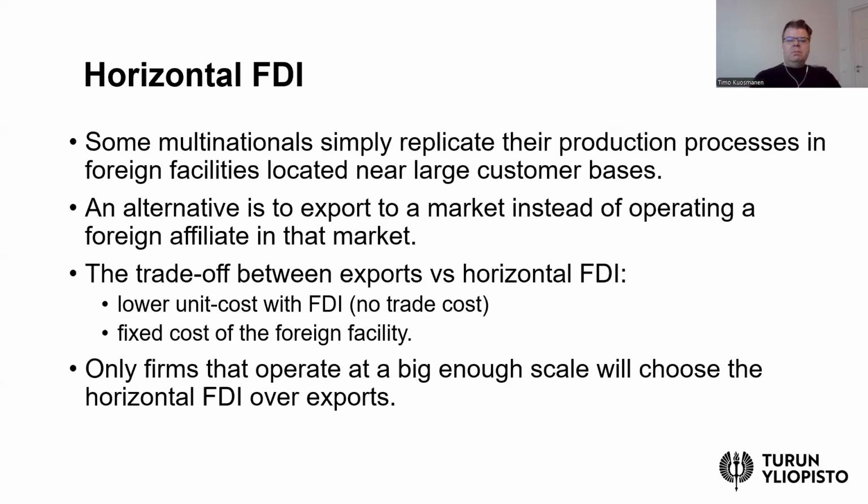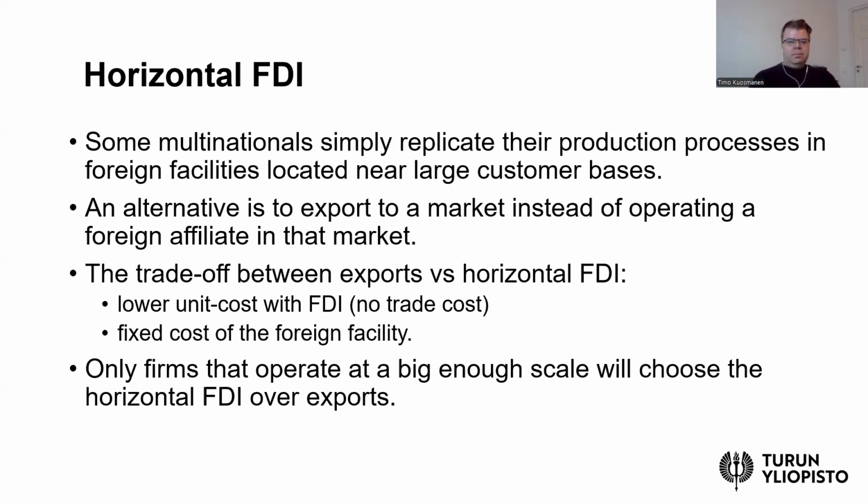Sometimes some multinationals simply replicate their production process in foreign facilities so as to be able to serve large customer bases. If you think about multinationals like Starbucks or McDonald's, this is essentially what they are doing.